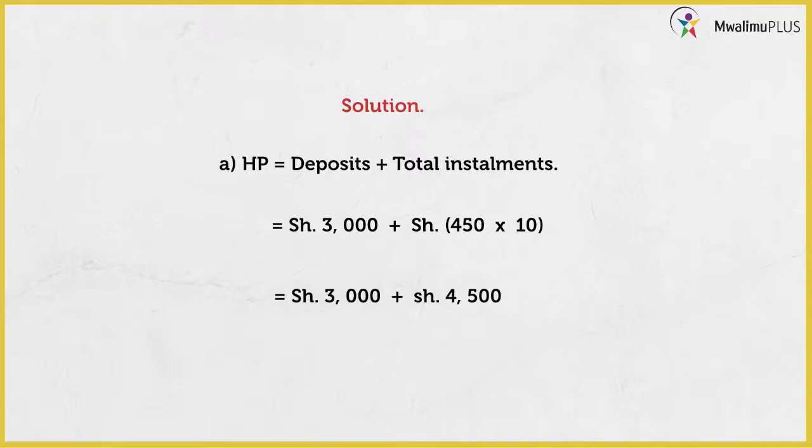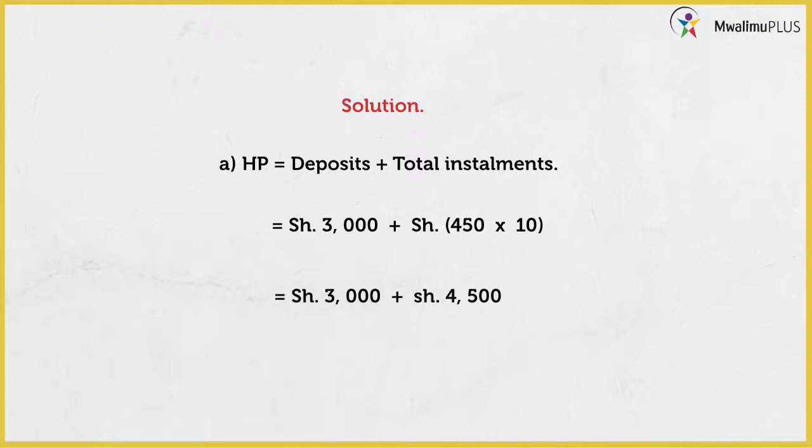And then the installment for each month was 450. And how many months was it paid? 10 months. Therefore, when you multiply 450 shillings times 10 months, how much do you get? 4,500. So you add the deposit plus total installment.